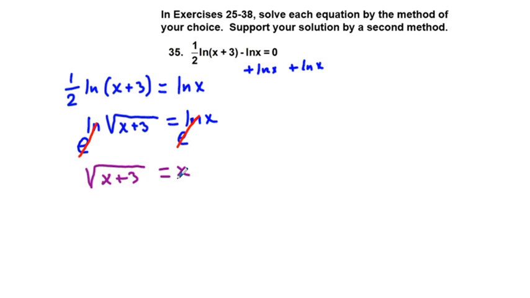And our next step is to solve this equation. We're going to square both sides of this equation. So the square root of x plus 3 squared equals x squared. And so when we square everything out, we're going to have x plus 3 equals x squared.